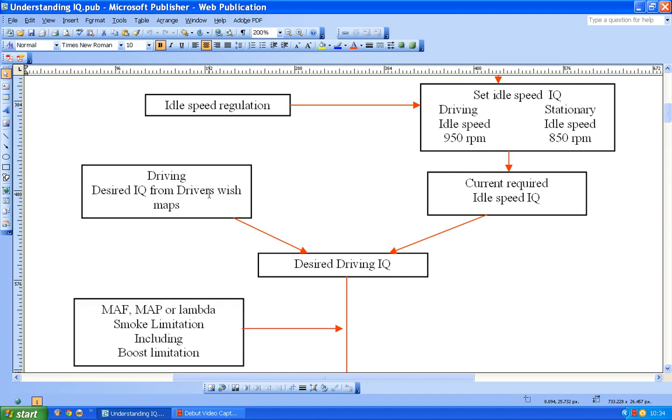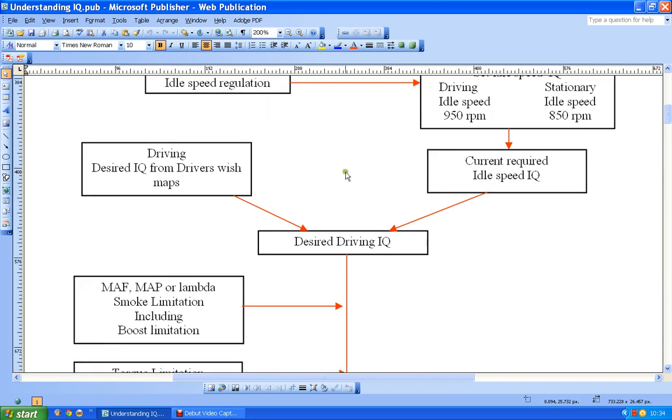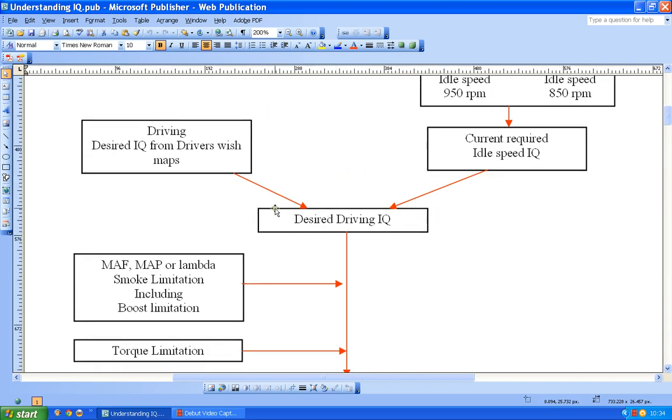That is more or less based on the amount of pressure you're putting down on the accelerator pedal and the revs per minute that you want to get from the engine when you're pushing your foot down on the pedal. So now you end up with a desired injection quantity.